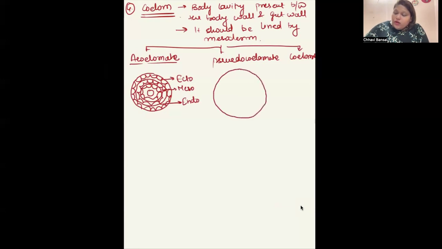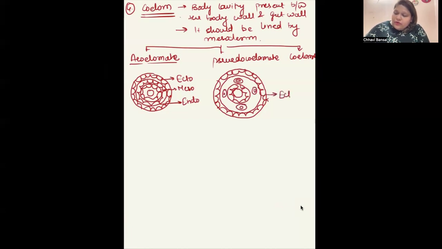Now in pseudocoelomate, there is a body wall, there is a gut wall. Our ectoderm is present, our endoderm is present, and then there is a cavity. This is the cavity, and mesoderm is present in small pouches.